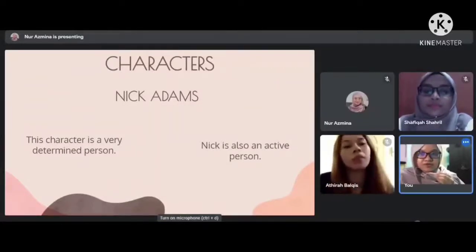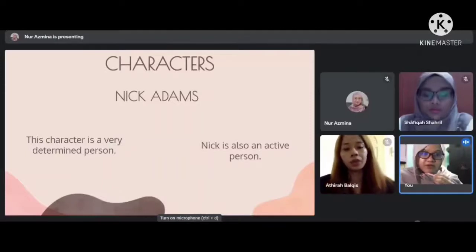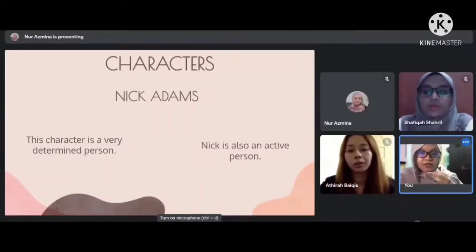Now I will proceed with the characters of this short story. Nick Adams is the protagonist or main character of this short story. It was presumed that he was a soldier that had come back from a war.